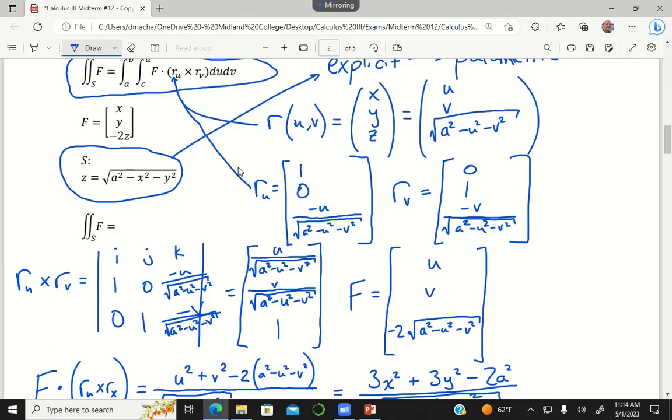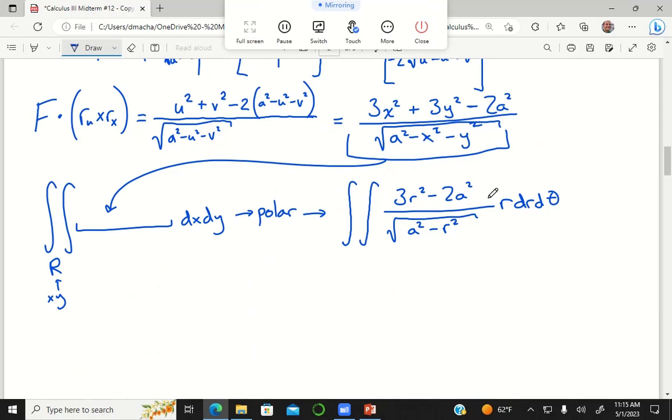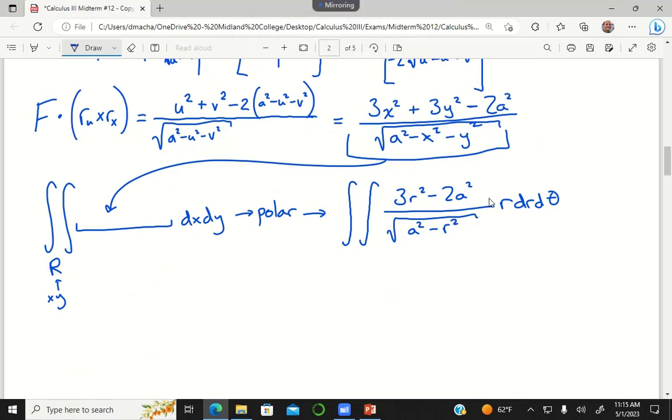So if we're looking at the top half of the sphere, then the region in the xy plane that lies underneath that is going to be the circle or the disk in the xy plane with radius A. So the bounds of this double integral is going to be describing in coordinates r and theta, we're describing that disk with radius A. And so I'm going to allow my r variable to be anywhere between 0 and A. And then my theta variable is going to be what? 0 to 2 pi. Perfect.